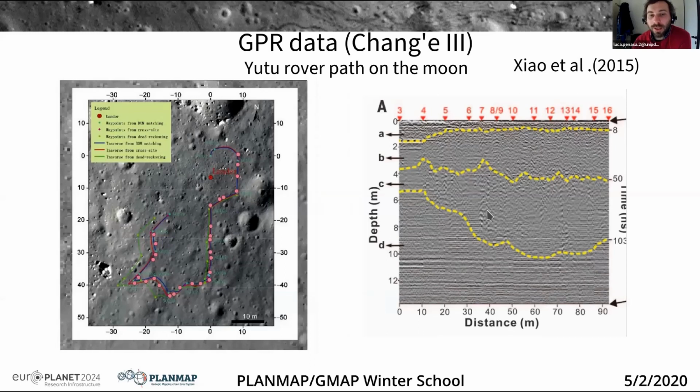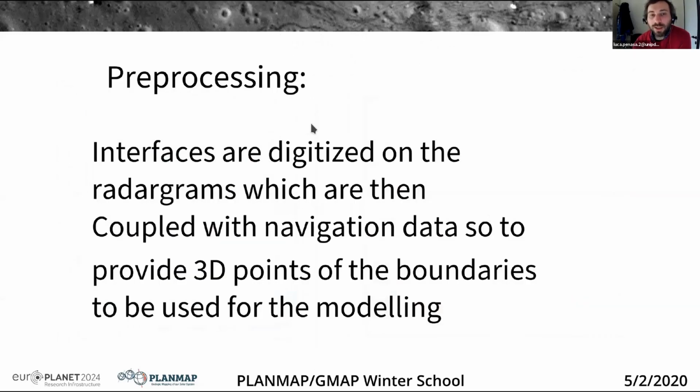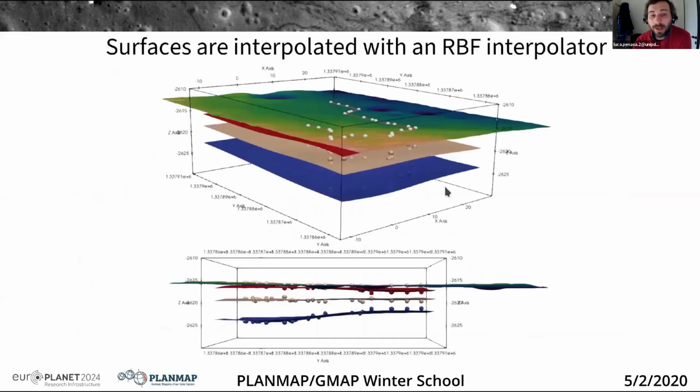So you can take this information and process it. You need to do a little bit of pre-processing. You need to digitize all your data, have everything in your computer. You need, of course, to couple the data with the navigation data, so to know where the rover was at which time. And of course, at the very end, you end up with a very nice three-dimensional representation.